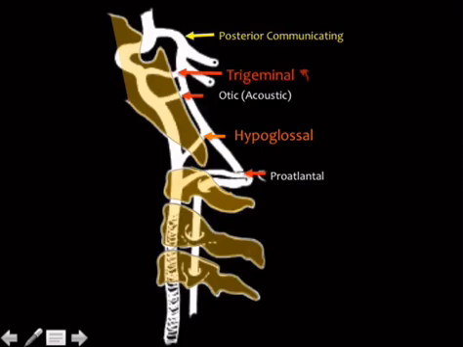I listed some other ones here. I'm not even going to mention them, except for hypoglossal, which is the second most common. It usually occurs somewhere between C1 and C3. The rest of these are just on here for show. Otic is one that some people say doesn't even exist.